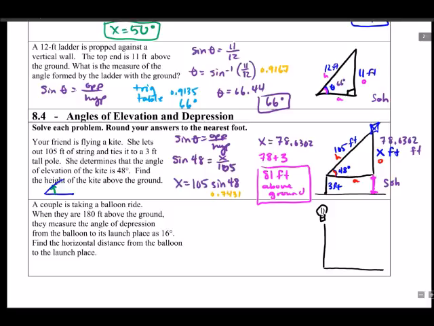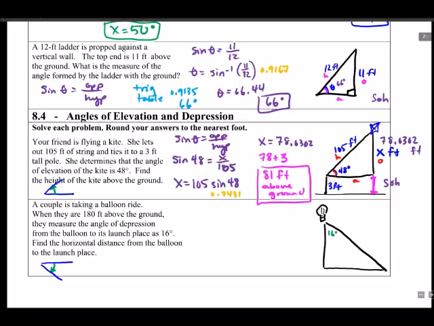So angle of depression means we're looking out at the horizontal, and angle of depression is measured down. So that means we're looking at that angle right there. So they are looking down at their launch point, and they measure that angle is 16 degrees.